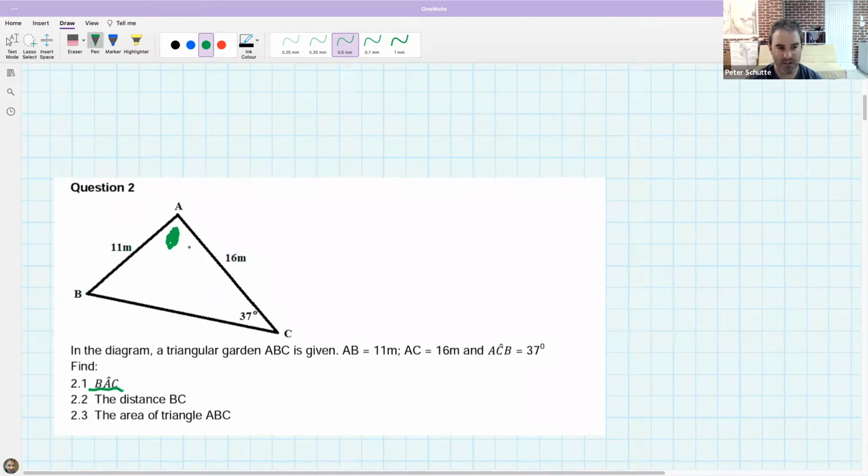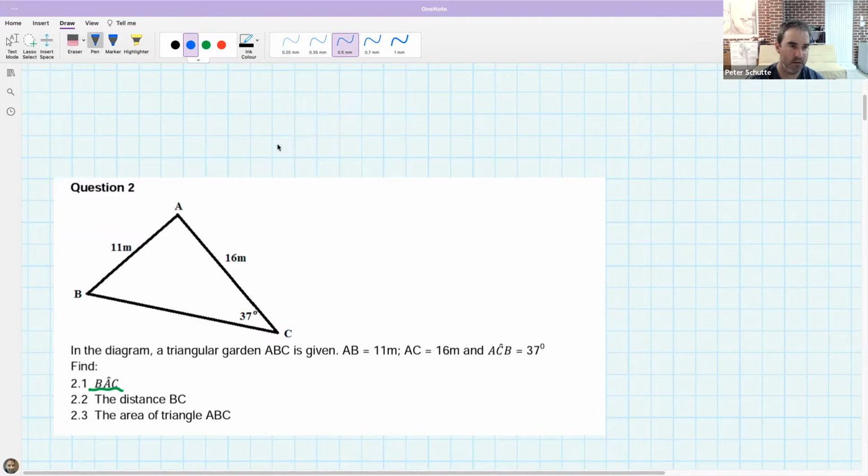Okay, so what I'm going to suggest is we use the sine rule. But if we start by trying to find the sine of A, the problem is we don't have the side opposite that. But I know that all triangles add up to a certain amount.